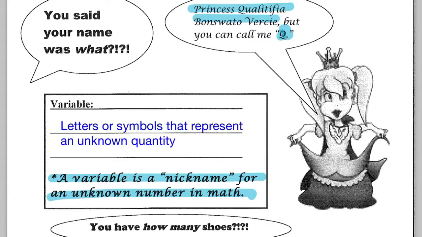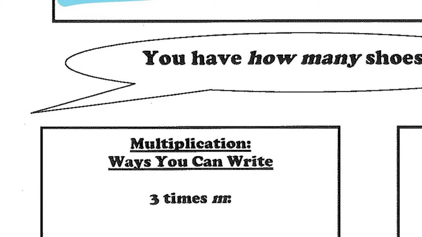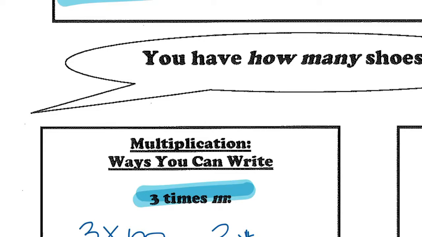As we continue on, we're going to look at multiplication, and ways you can write the expression 3 times m. We can write it as 3 times m, or you'll see it sometimes with the computer, we'll print it like that, or 3 with the variable right next to it.